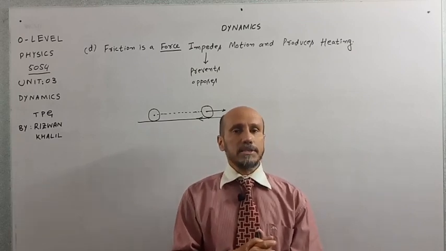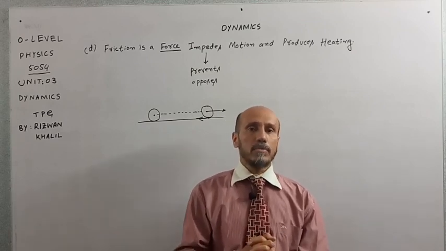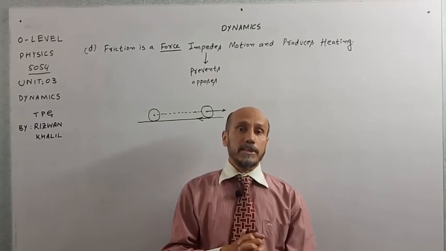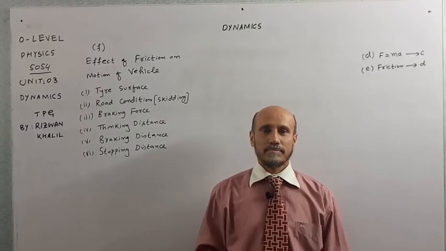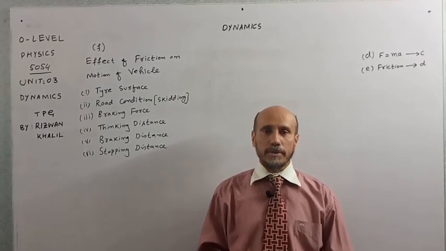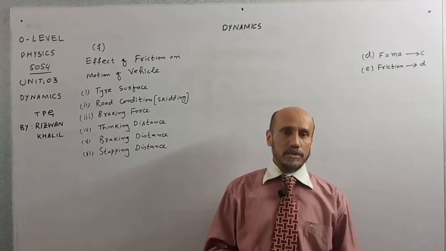Now we will discuss another learning outcome of this unit, and that learning outcome is also related to frictional forces. Before discussing the next learning outcome, kindly make one correction in your notes.